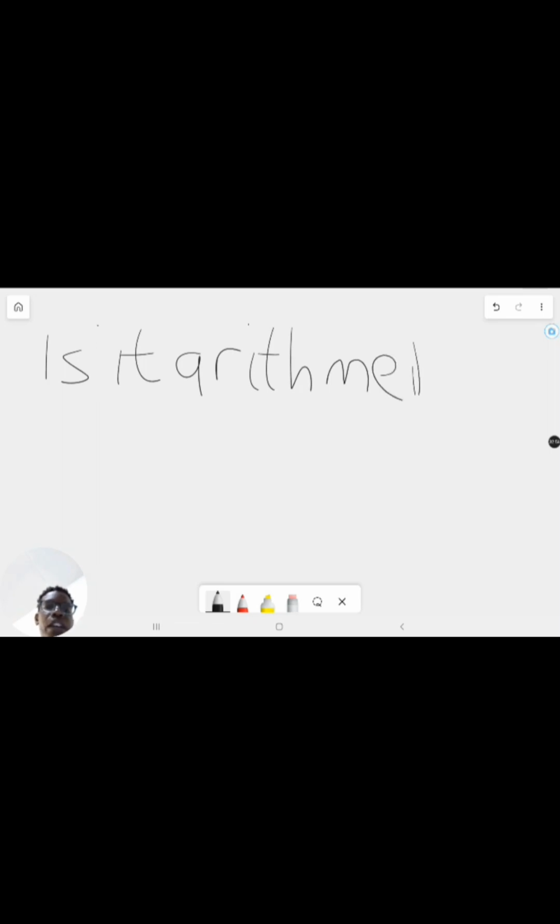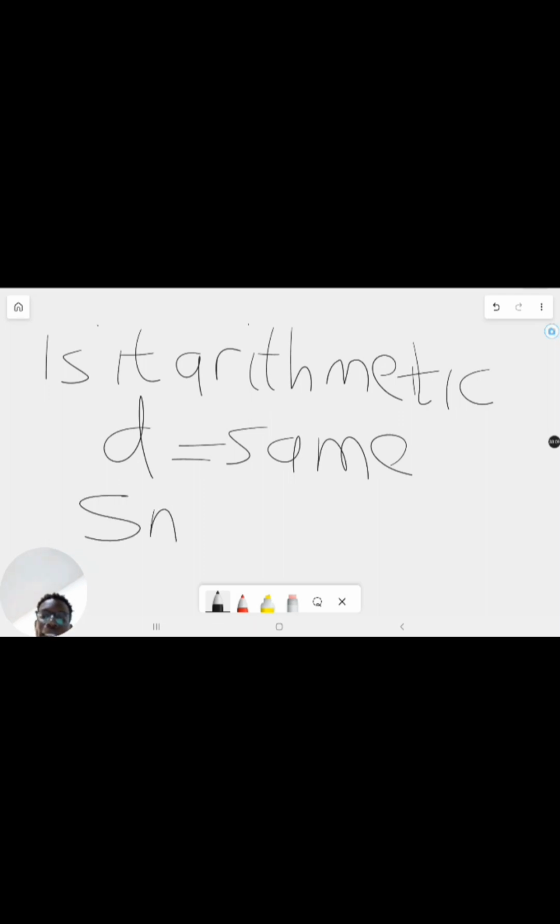In other words, is D the same for all successive terms? If it is, then you can use the equation for Sn and the equation for Tn that we covered over the course of these two lessons for sequences and series. Then you can move forward.